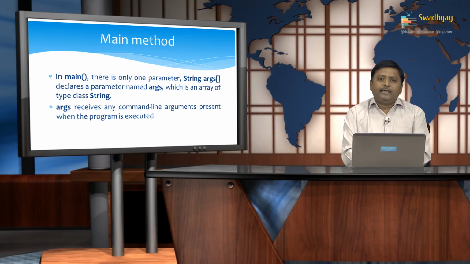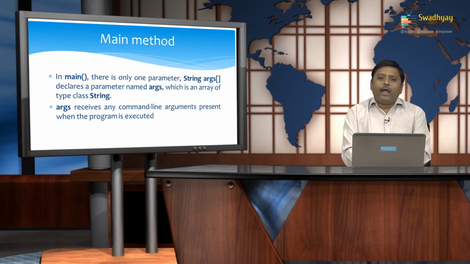Suppose my syntax is type and a file name. This file name, typed at the command prompt, can be considered a command line argument, and it can be fetched inside the main method, and we can use this parameter for opening that file. Likewise, we can have other uses of command line arguments also.